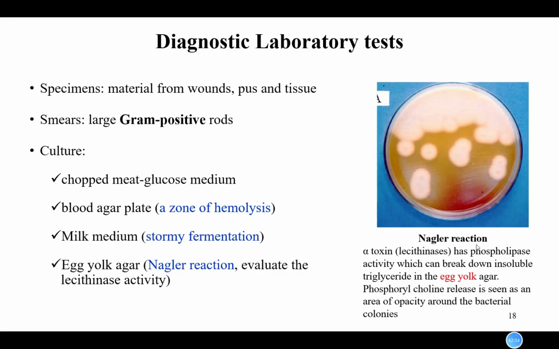Because the bacteria is able to produce the alpha toxin, which is a lecithinase, and the egg yolk contains a large amount of lecithin, surrounding the bacterial growth you will see a halo of clearance of lecithin. So using this Nagler reaction, you can detect the presence of lecithinase produced by the bacteria.